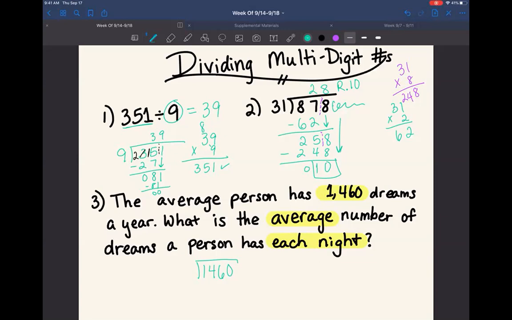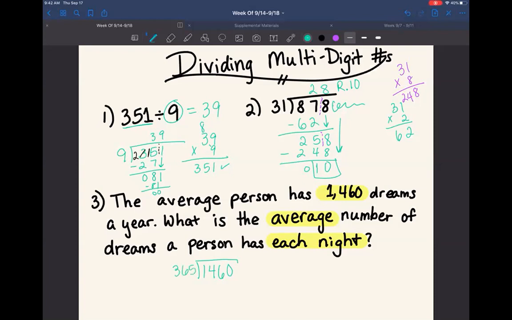I think we are on the right path for 2 of my people, but we are a little off. How many days are there in a year? 365 days. So how many nights would be in a year? 365.